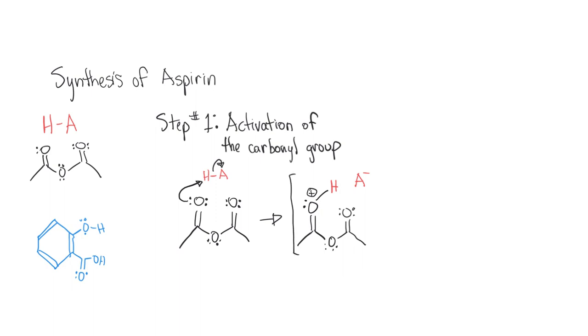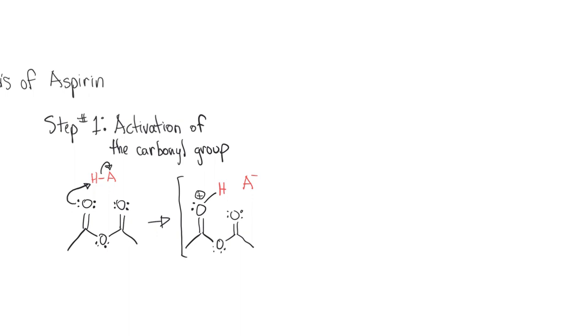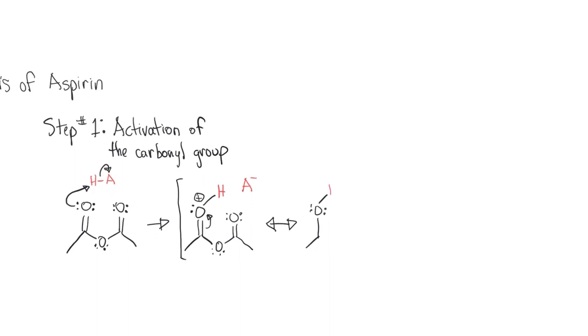So a second structure could be shown like this. If this pi bond is to jump onto that oxygen right here, then what we will be left with will be this structure. Still have that proton that's connected to the oxygen.